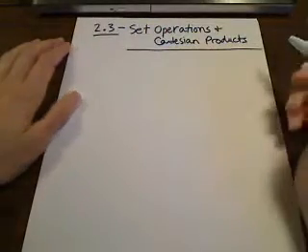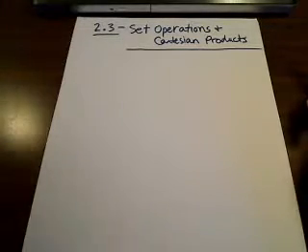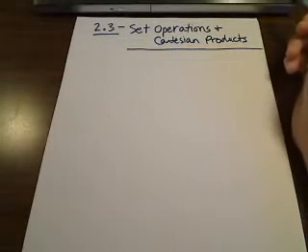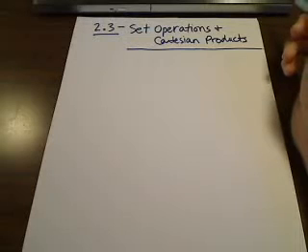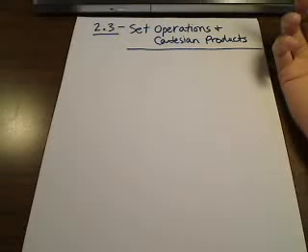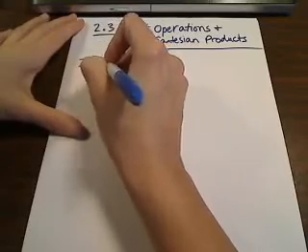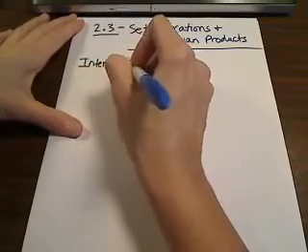Okay, so the first thing that we want to do with this set operations section, the majority of what we're doing is taking a look at intersections and unions, and how those relate to Venn diagrams, showing them in Venn diagrams, and also showing them by listing the elements in these sets.